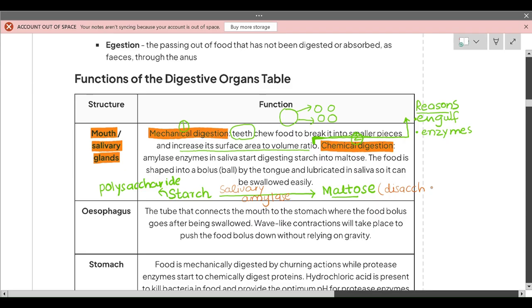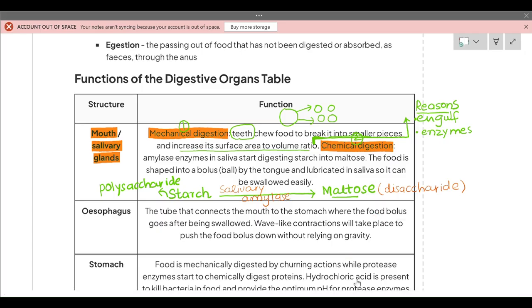Later in your digestive system, that maltose will be converted into another molecule, glucose, which is a monosaccharide. So this is how it works.